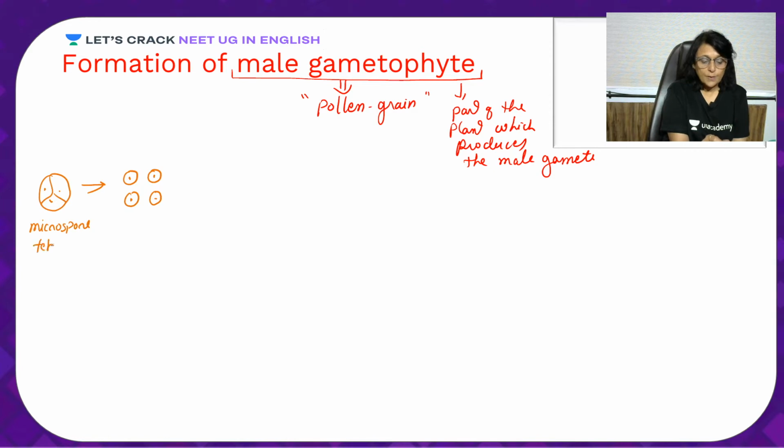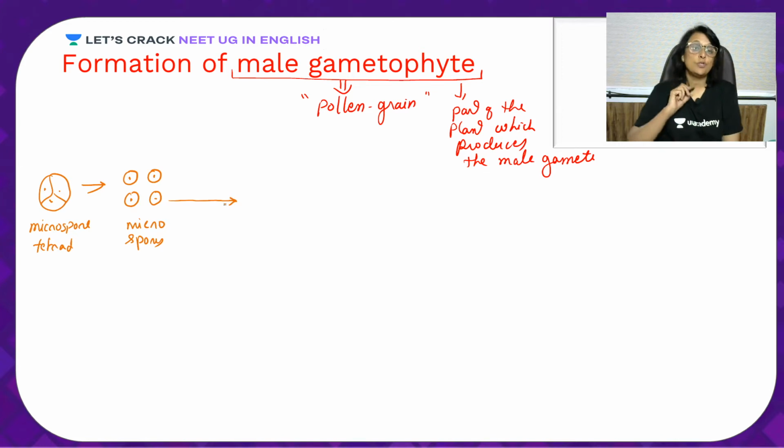Microspore tetrad, and these are microspores. Now each microspore is going to change into a pollen grain. So now this microspore becomes bigger and its nucleus divides by mitosis.